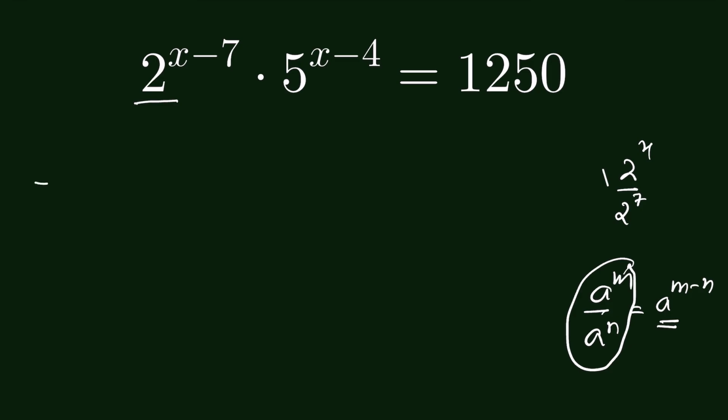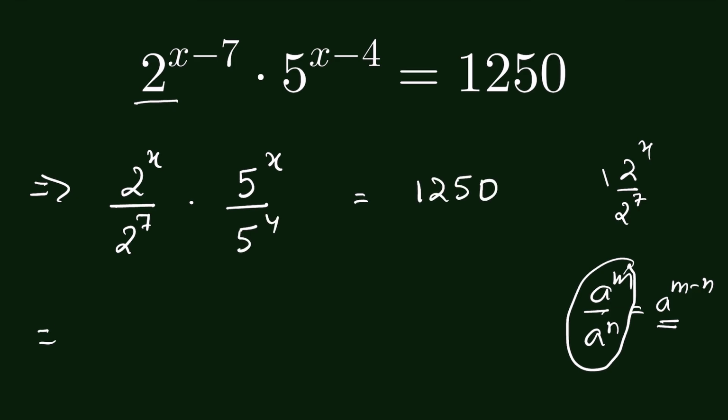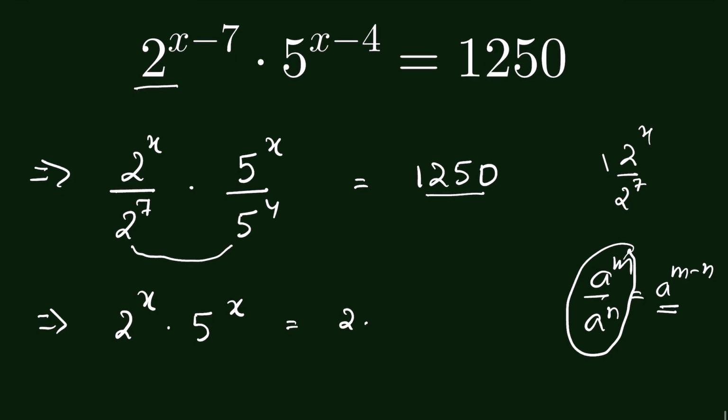So we can write it as 2 to the power x upon 2 to the power 7 times 5 to the power x upon 5 to the power 4 is equal to 1250, or 2 to the power x times 5 to the power x. We send both these two denominators to the right hand side and we factorize 1250. It is equal to 2 times 5 to the power 4, then times 2 to the power 7, then times 5 to the power 4.